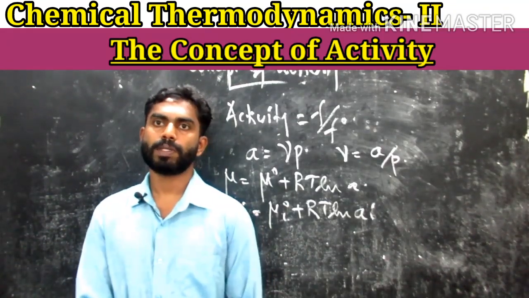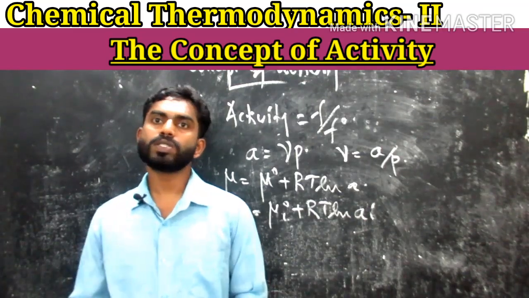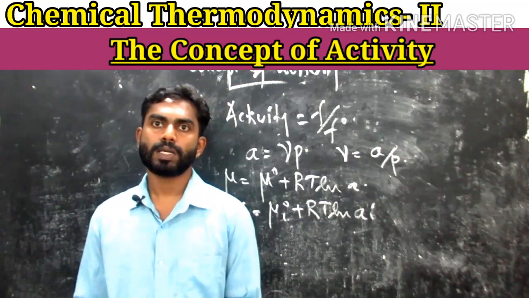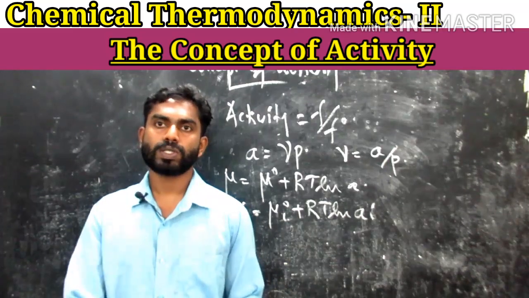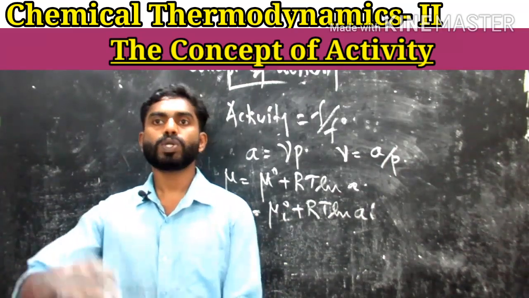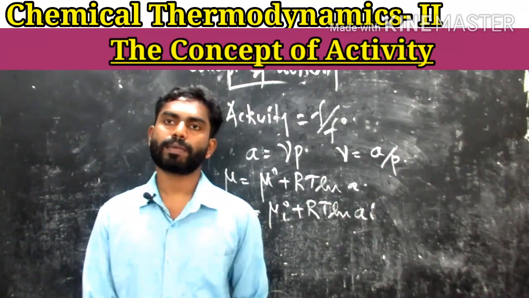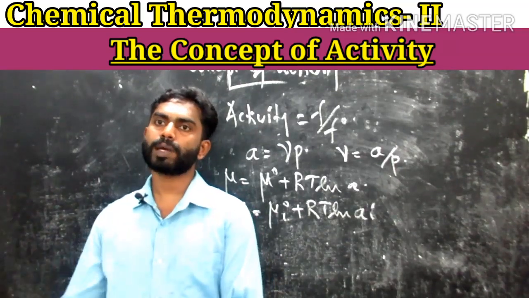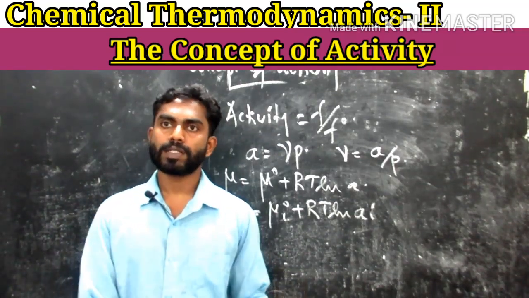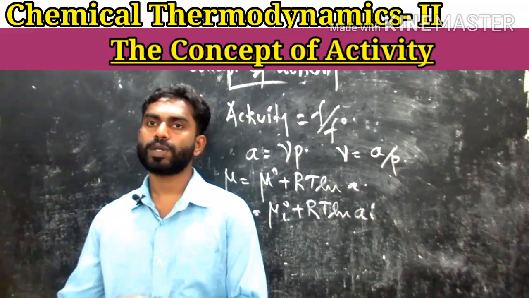Here we consider the change in system from state 1 to state 2. State 1 has chemical potential mu1, state 2 has chemical potential mu2. Gibbs energy in state 1 is G1, in state 2 is G2.